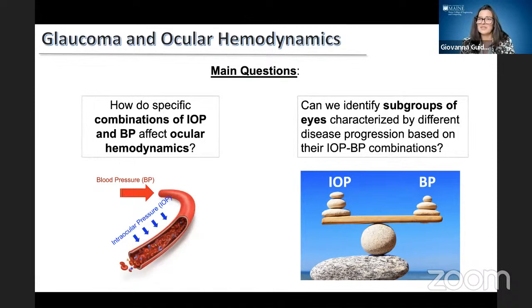Of course, answering these questions means that we would be able to provide clinicians with an easy way to identify eyes for which just lowering IOP may not be enough, and in addition, give specific mechanistic reasons as to why co-regulating blood pressure may be beneficial in those individuals, along with specific optimal quantitative targets for both blood pressure and IOP.